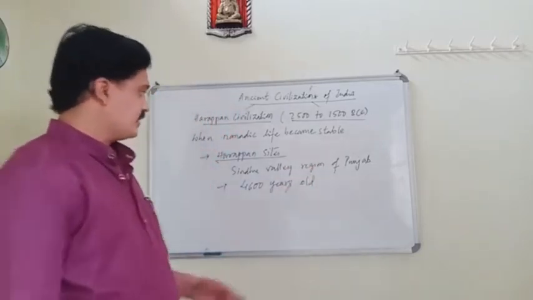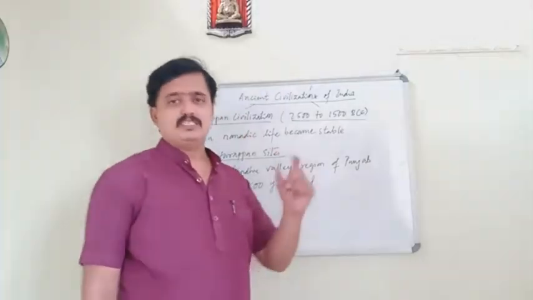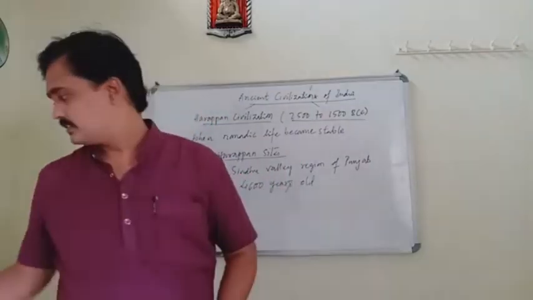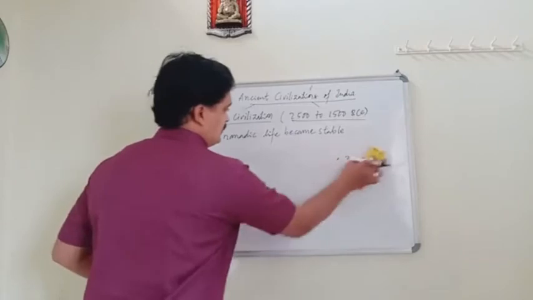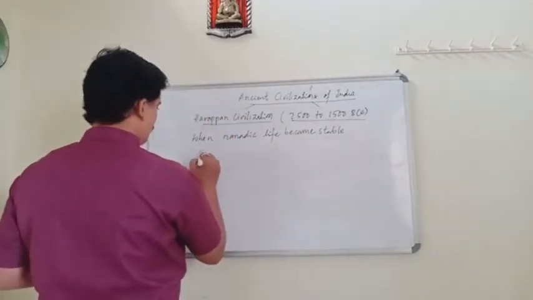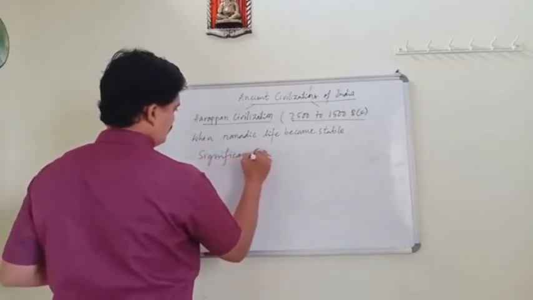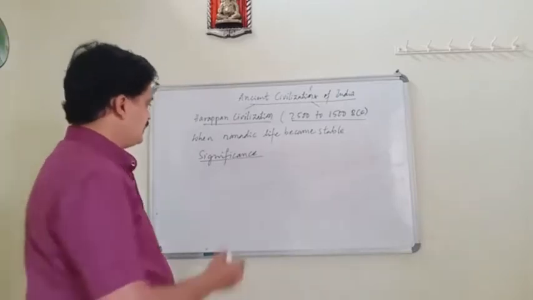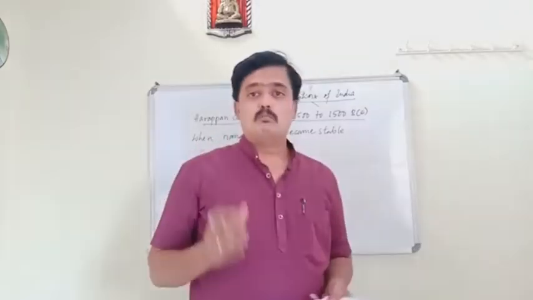And what was the significance of these cities? Let's see the significance, that is, the importance of the Harappan cities or sites. The Harappan cities had two or more parts.